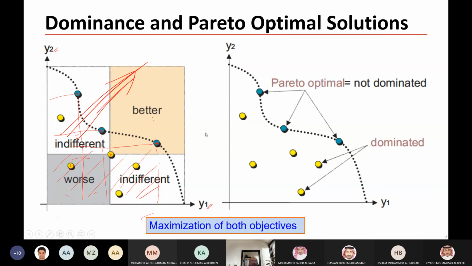The concept can be twisted for maximization problem, no problem. So the objective here is to push the solutions in this direction, and also the second target is applied here. We need also the solutions to be well distributed over the Pareto front.